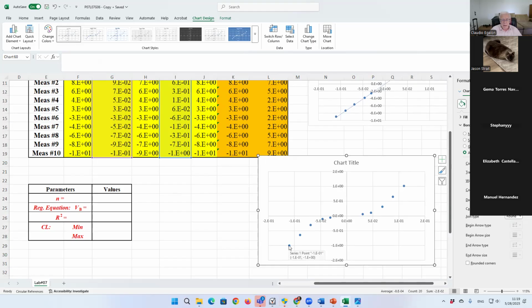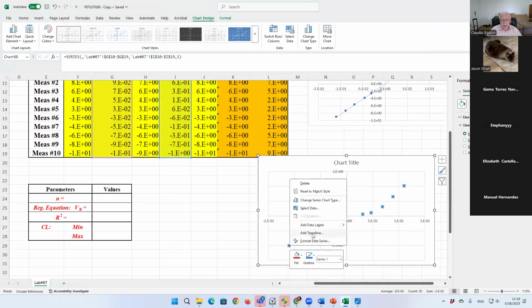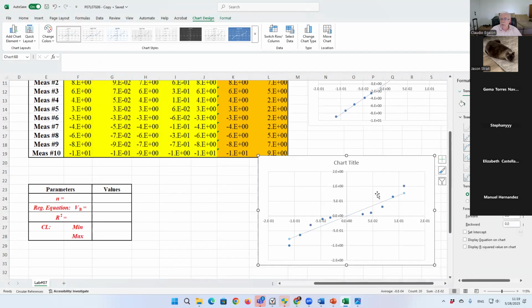So let's click on one of the data points, right click, add trend line, and we are going to display polynomial. Instead of linear, you're going to click on polynomial, and use order 3. If you do a linear regression, you get this straight line that doesn't coincide with the data points.